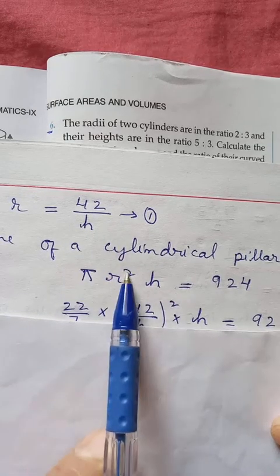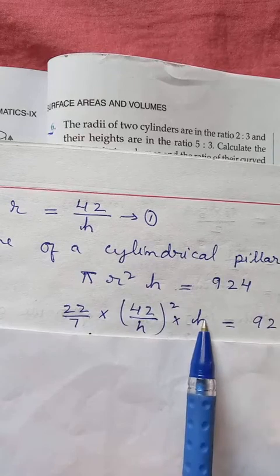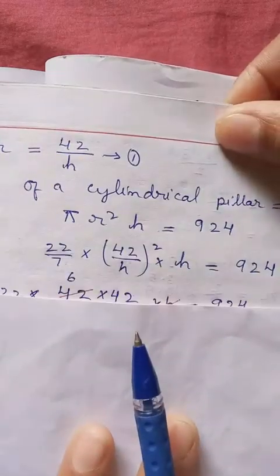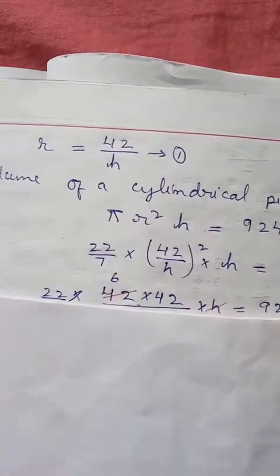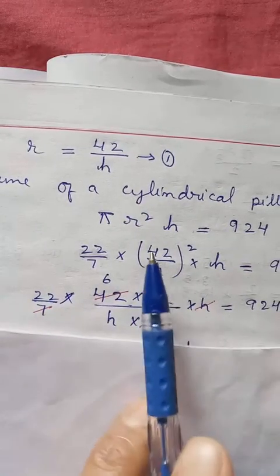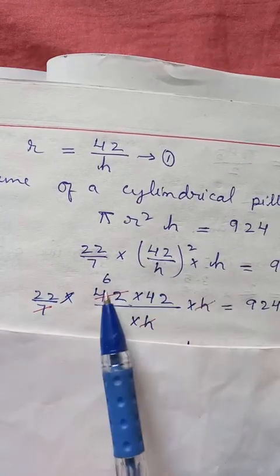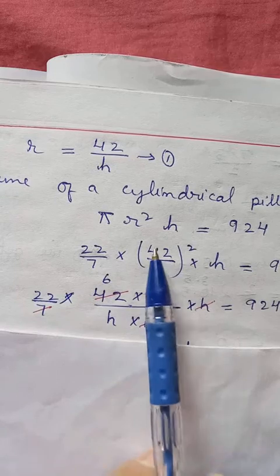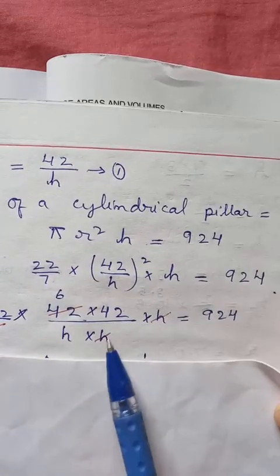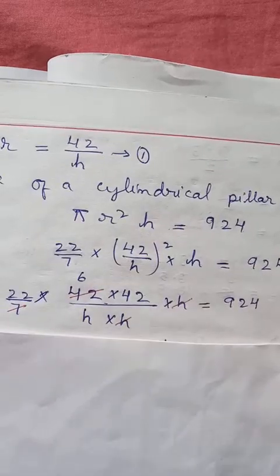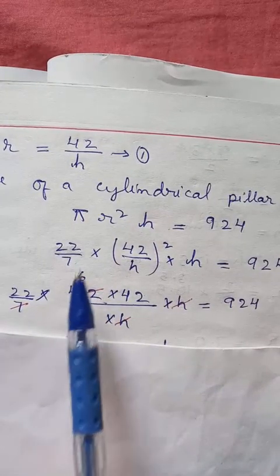But here we have square, so let's put the square, into h, which is still equal to 924. Then here we have 22 by 7, 42 by h square. So we can write it two times: 42 into 42, h into h into h. So here one of the h can be cancelled. Then here 7 and 42 we can divide.